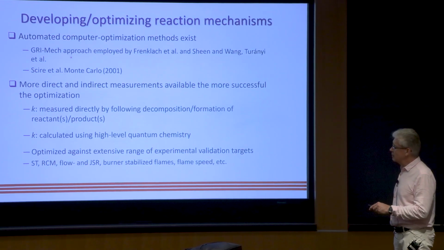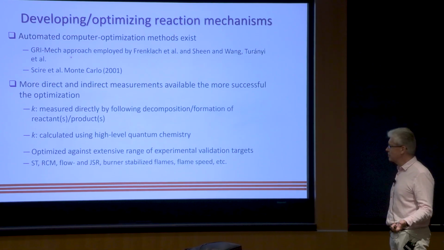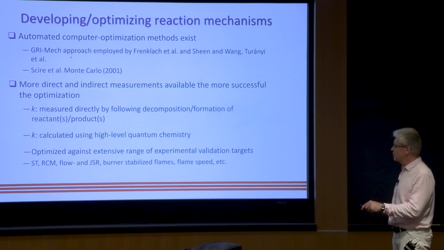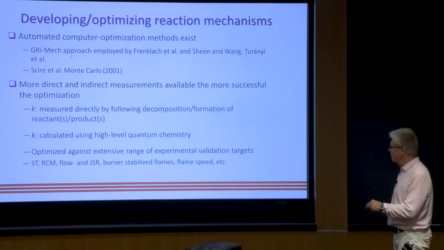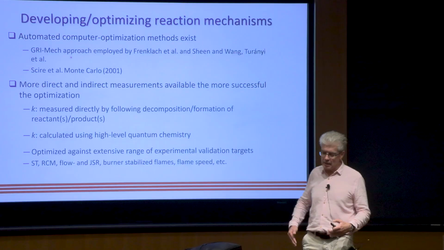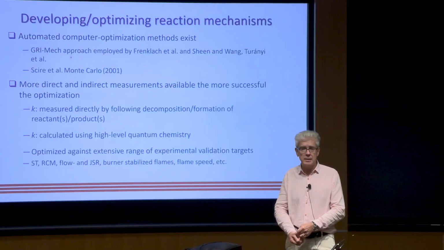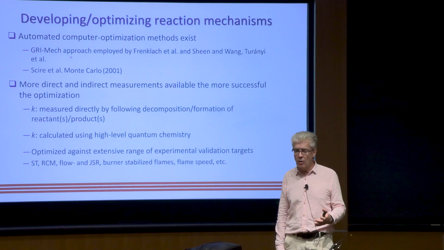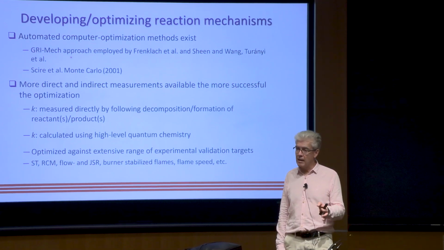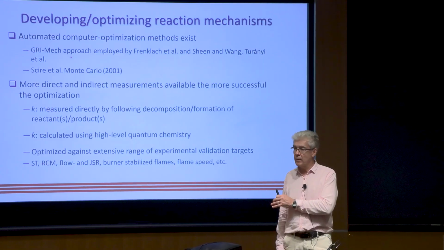Rate constants can be measured directly. They can be calculated using high-level quantum chemistry calculations, and they can be optimized against an extensive range of experimental validation targets. And sometimes the targets are telling you what the rate constant needs to be. For instance, I showed you yesterday how Ron Hanson backed out the rate constant for H plus O2 giving you O plus OH by measuring the water profile.